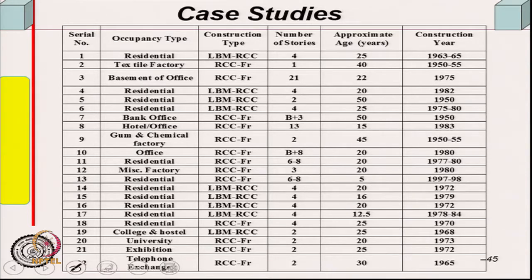If you see this table, there are different types of buildings, residential, textile factory, office, etc., and the construction is either RCC or load bearing masonry with RCC slab, because many of the old low rise buildings were load bearing masonry with RCC slab on top.